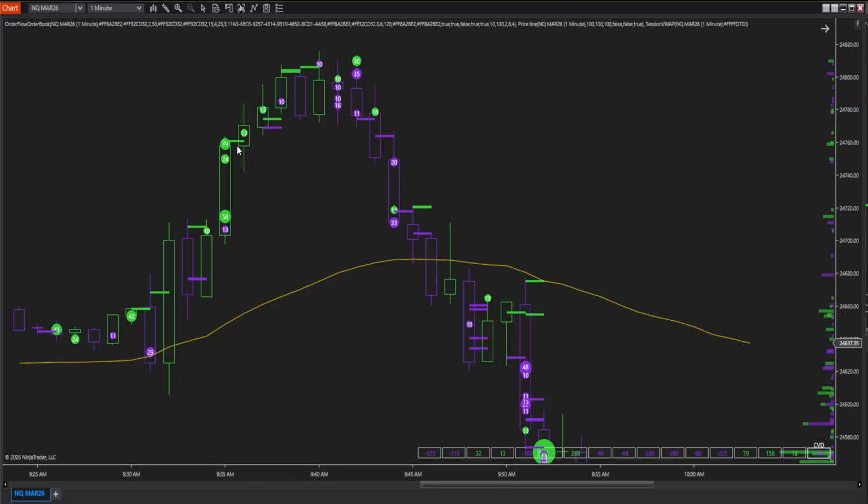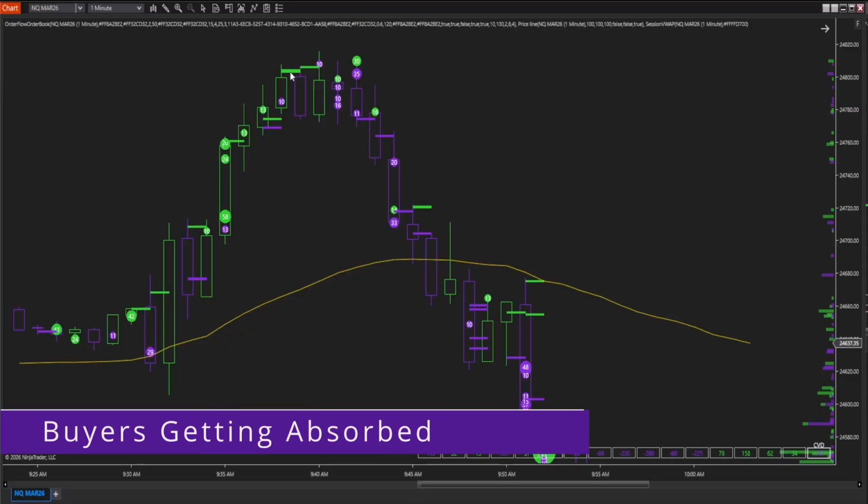But what I was looking at is we were extended off the session VWAP. And as we were moving up, right here, we saw 10 volume of selling. And then right here, this is a telltale sign you really have to look for. You had a stacked imbalance area for a buy right here, and you had another stacked imbalance area for a buy, and they were getting absorbed.